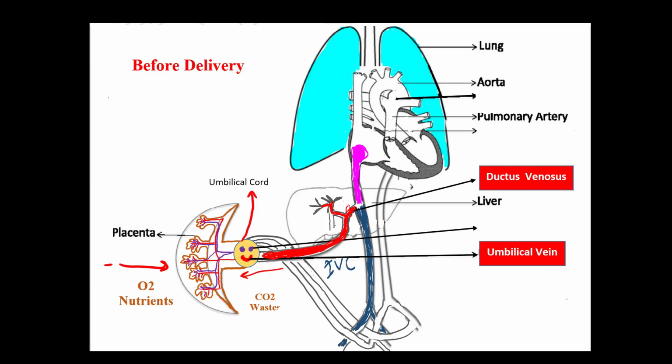At the same time, blood coming from the superior vena cava enters the right atrium. Blood coming from the superior vena cava is deoxygenated blood. Superior vena cava, this is the abbreviation.